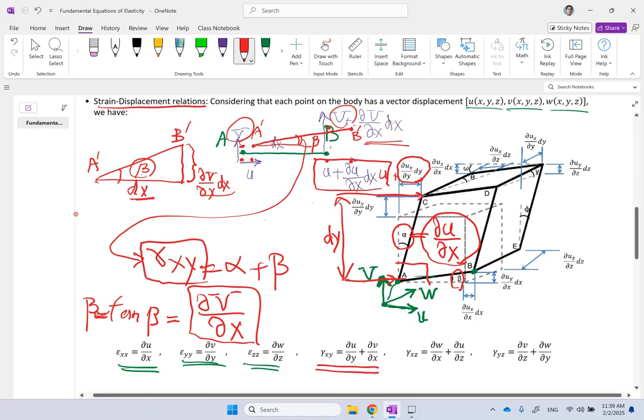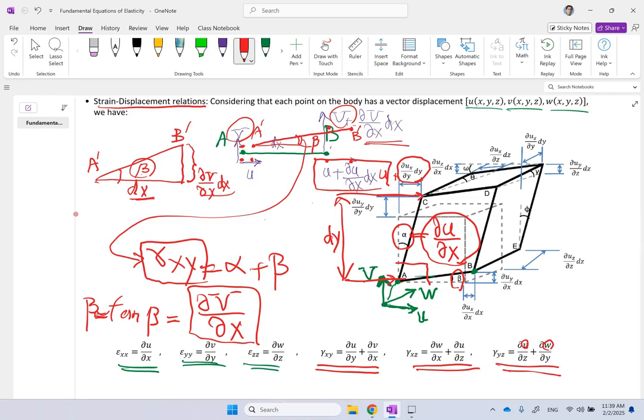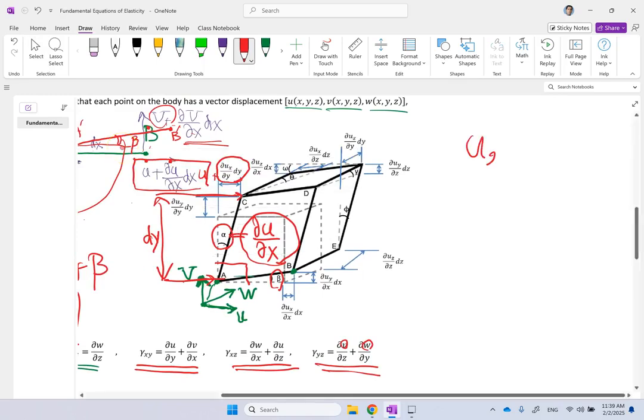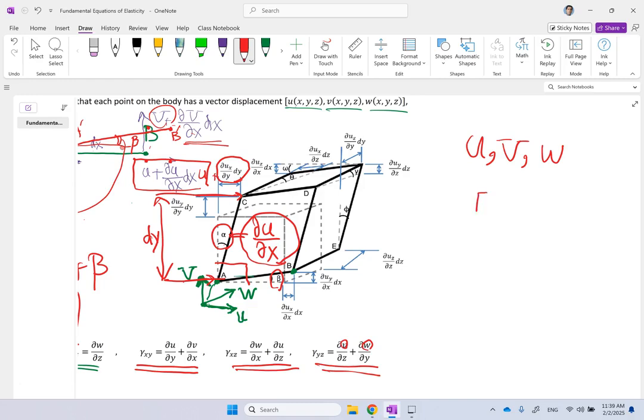That is the change in the angle xy, and similarly, you can show the changes in the angles xz and yz. So these 6 partial differential equations are going to take you from the displacements to what? To the strains. Okay? So now you see I have a set of equations. I have u, v, and w, the displacements. If I take partial derivatives of them, I get my strain tensor.